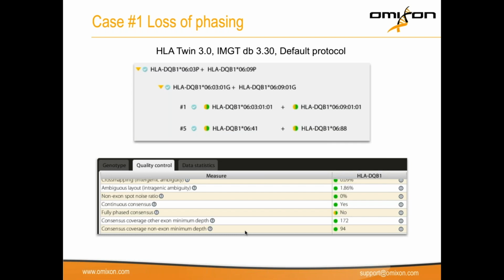We call this phasing. In HLA Twin, there are 23 different quality control metrics, and one of them is called fully phased consensus, like you can see here in the screenshot.